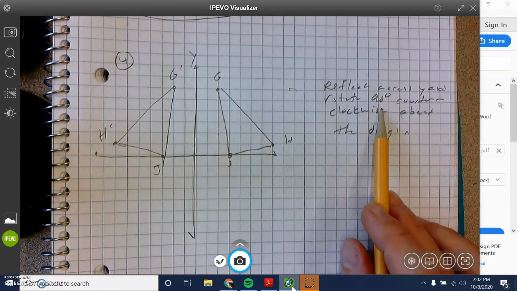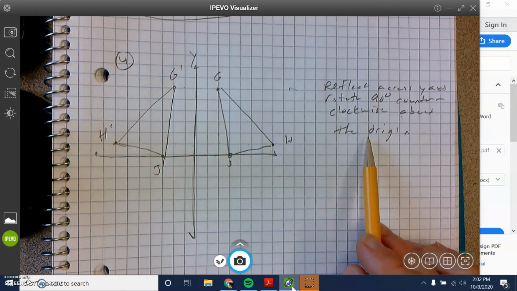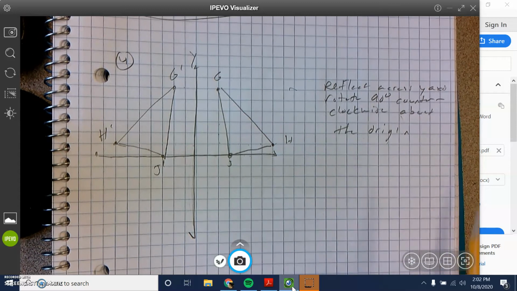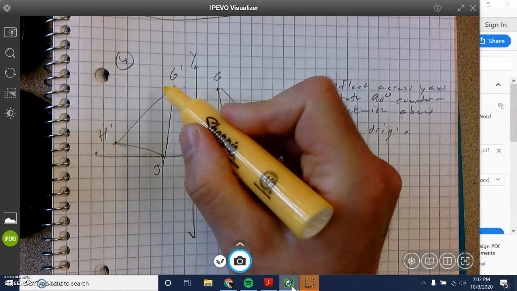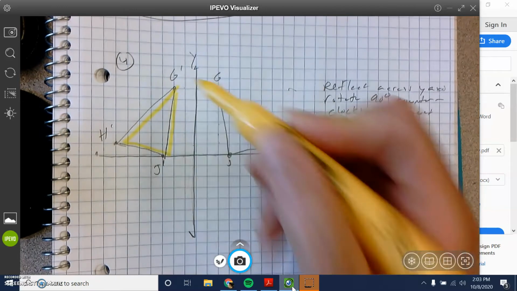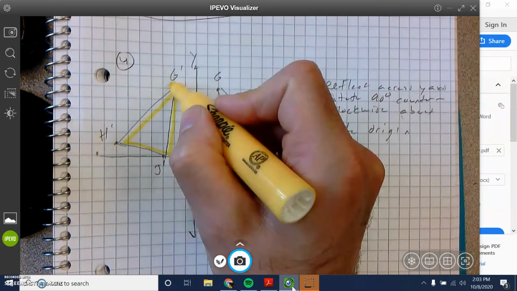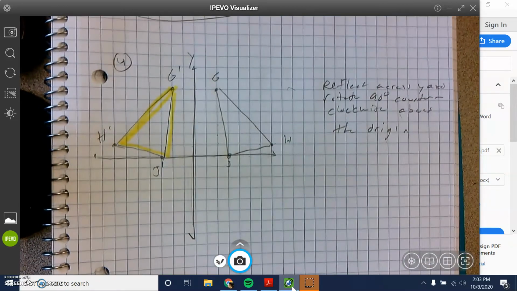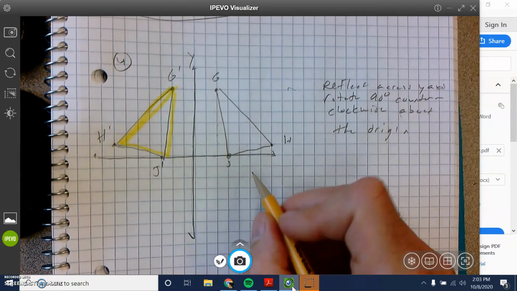All right, so now I have to do a 90 degrees counterclockwise rotation about the origin. I can go back on my notes if I need, but first let's distinguish this one, because sometimes it's hard to see the primes. This is our first image like that. So trace the line. All right, let's get the points down.